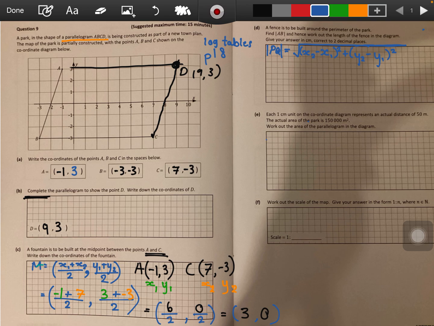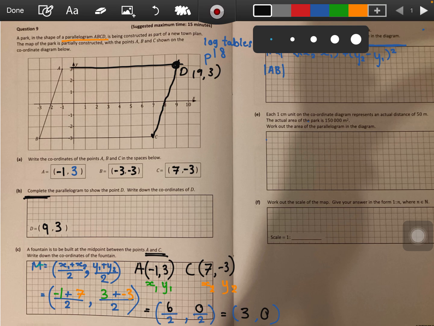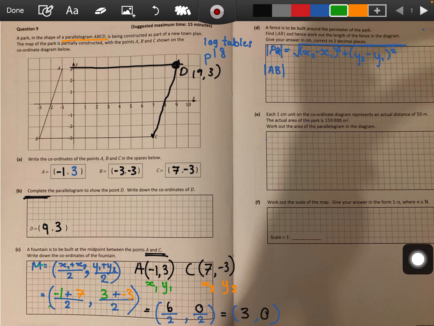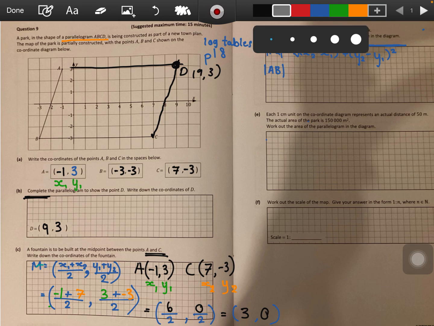So if we are getting the distance from A to B, well, A is my coordinates -1, 3, and B is -3, -3. Just focusing on these, I am going to call this x1, y1, and then I'll call my coordinates from B, x2, y2.